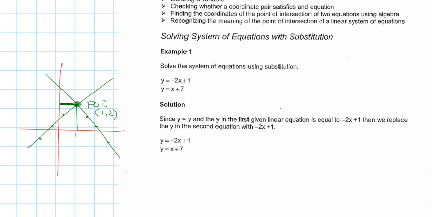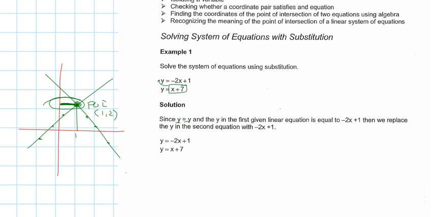So, because I'm looking for when the y value is the same, and this is y equals negative 2x plus 1 and y equals x plus 7, I can say that y is equal to y, right? Because I know that y is going to be equal for both lines, okay? So if y is equal to y, then I can substitute this value in for y, right? So I replace the y and I put the value of y in instead of it.